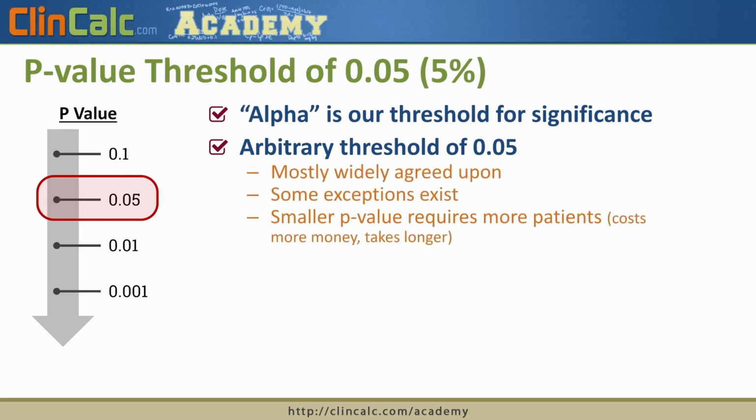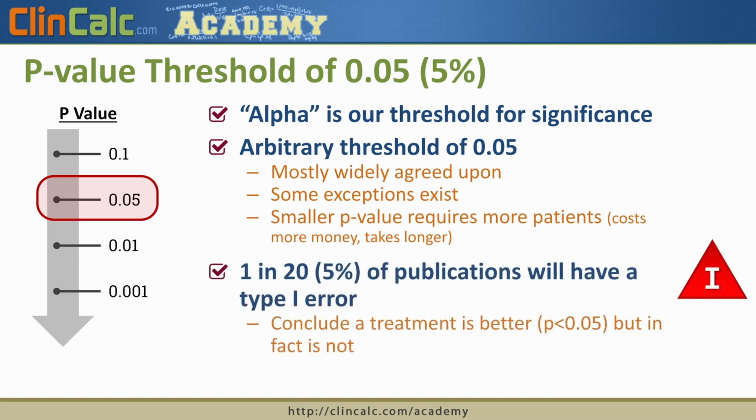There are some exceptions, but the reason that we pick 0.05 as our alpha, or our type 1 error threshold, is that if we wanted a smaller threshold of 0.01 or 0.001, it would require more patients, more cost, more money, and it would take longer to run clinical trials. So we, as a medical community, have more or less decided that this is a reasonable trade-off of resources versus avoiding the risk of a type 1 error.